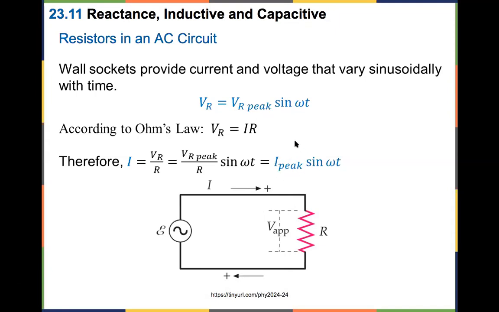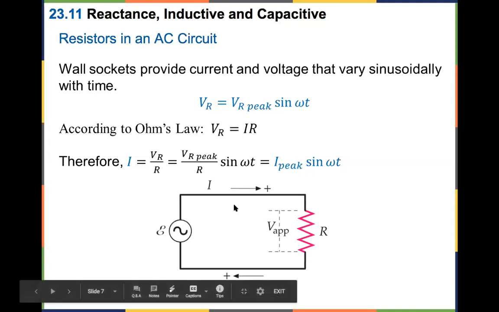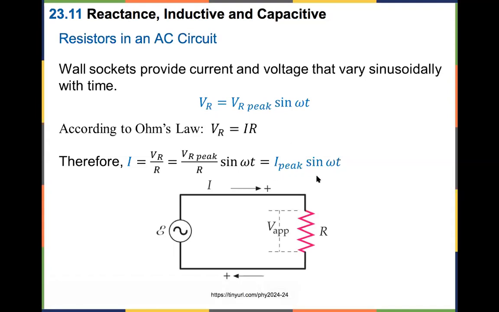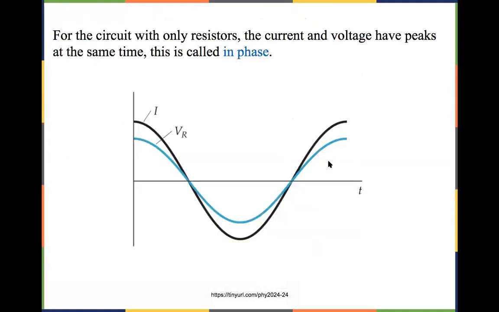So you can see if you have a resistor connected in the AC circuit, your voltage is a sine function and your current is also a sine function. They are the same sine function, sine of omega t. If you plot the voltage and current on a graph versus time t, the magnitude here doesn't really matter.